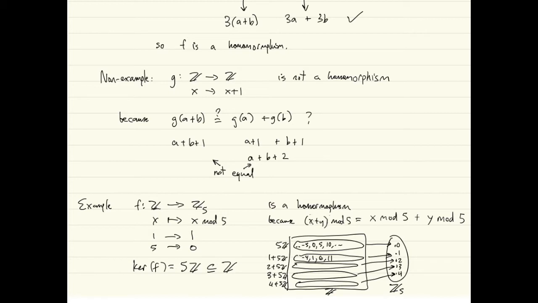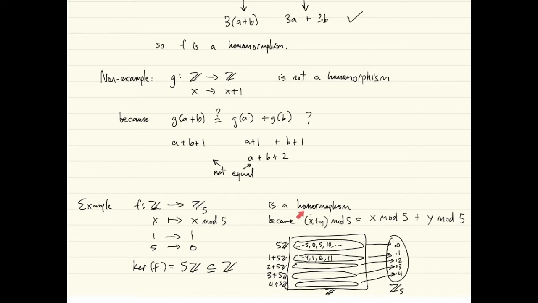Okay, now let's move on to another example, this time this is a homomorphism. This is a very simple function whose domain is the integers, and the target is the integers mod 5, and it simply takes an integer and gives you back its value mod 5. So 1 gets sent to 1, 5 though gets sent to 0, because 5 mod 5 is 0. 6 would get sent to 1, and so on.